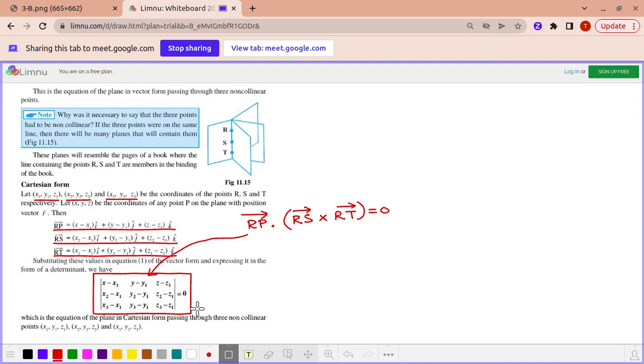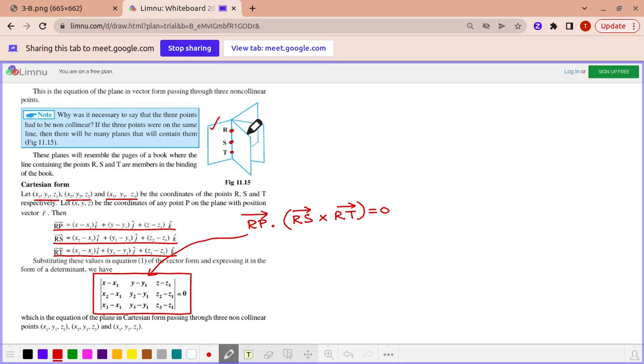Now, dear students, why do these 3 points have to be non-collinear points? Let us see what will happen if these 3 points are collinear. Suppose these 3 points R, S and T are collinear, they are in the same line. Then we can have many planes passing through these 3 collinear points.